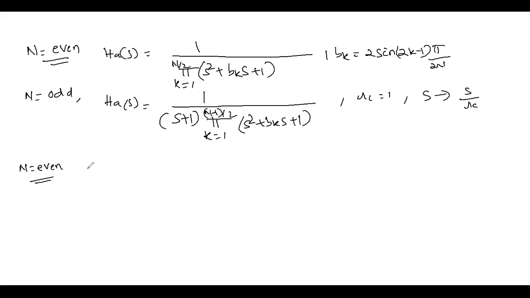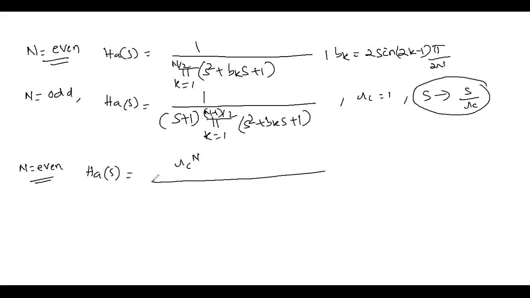H of s equals omega c to the power n divided by the product for k equals 1 to n by 2 of s square plus bk omega c s plus omega c square.